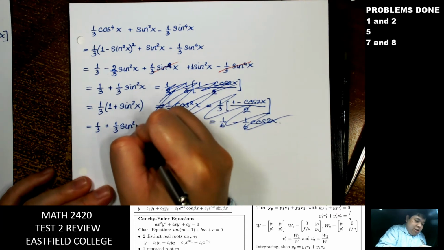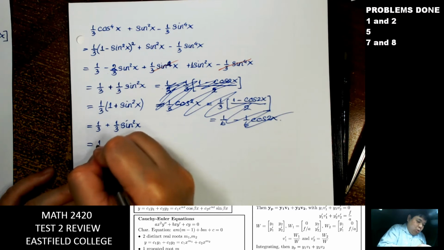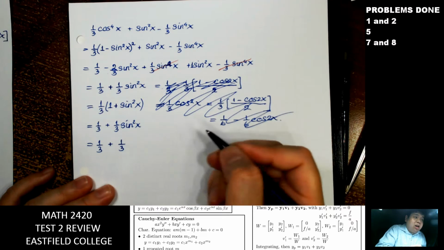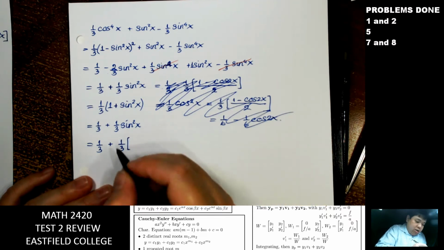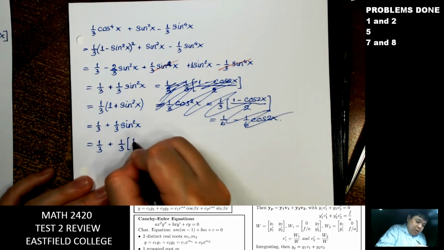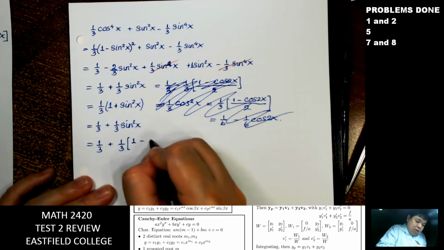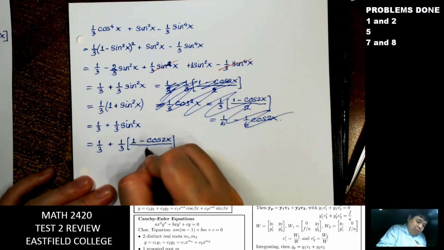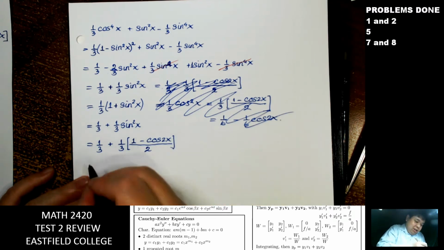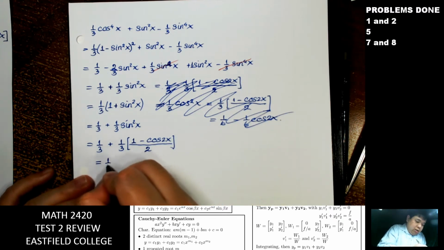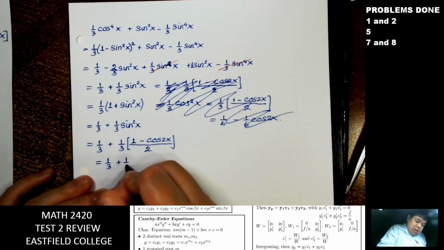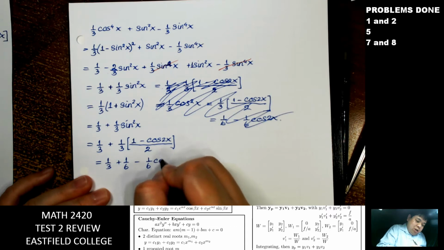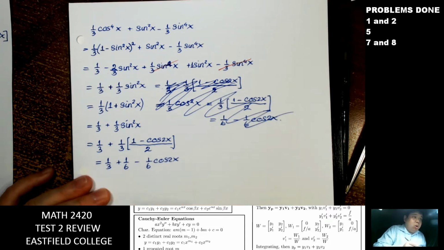So we still have this. So it's 1/3 plus 1/3 sine of 2x, power reduction, 1 minus cosine of 2x over 2, and that is 1/3 plus 1/6 minus 1/6 cosine 2x, and 1/3 and 1/6 is 1/2.